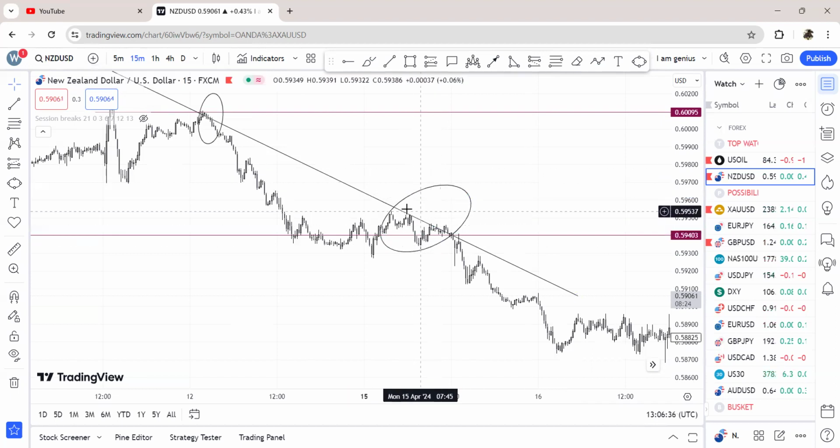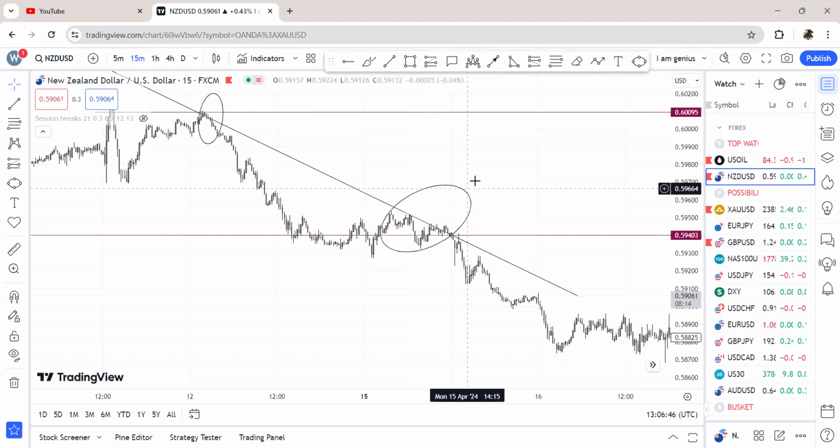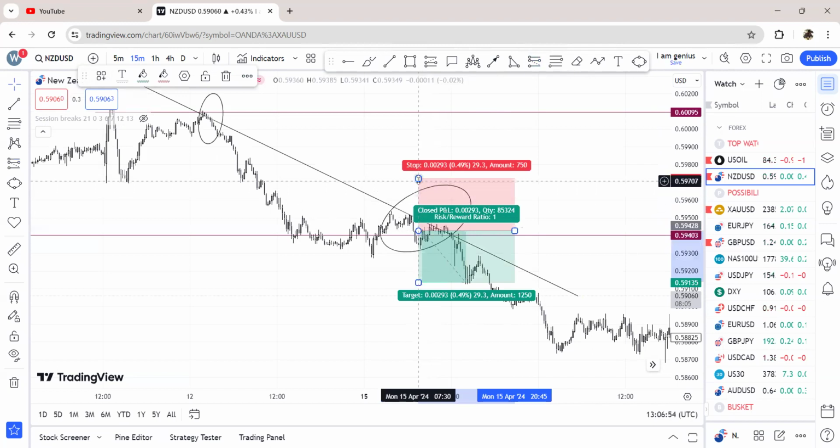Okay. You see, once the market touches that line, you want to just observe the candles it forms. So you can see here that it formed these bearish engulfing, more like an evening star. What I'm going to do, I'm not even going to think whether it plays out or not. Since I've seen my confluences right there, I enter.